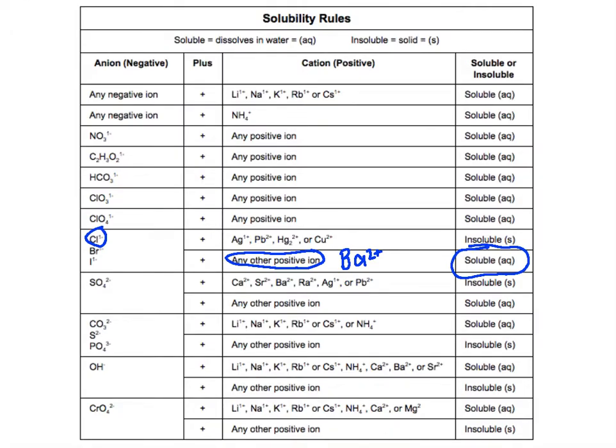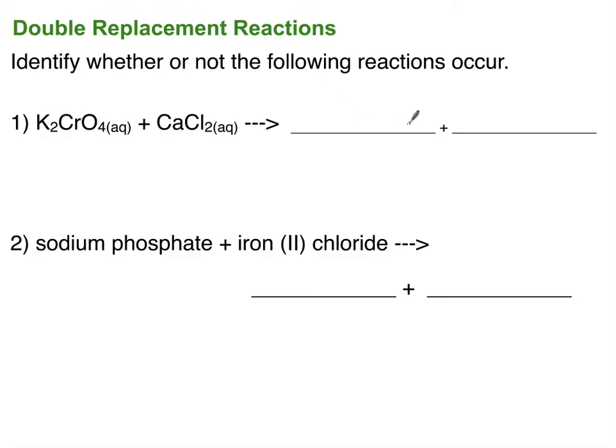Okay, so now that you've had a chance to practice identifying whether compounds are soluble or insoluble in water, let's see how that translates into determining whether or not a double replacement reaction is going to occur. So what we're going to do is, first of all, predict our products, which was our topic of the last video. So if that's still something that doesn't make sense, make sure to reference back to that.